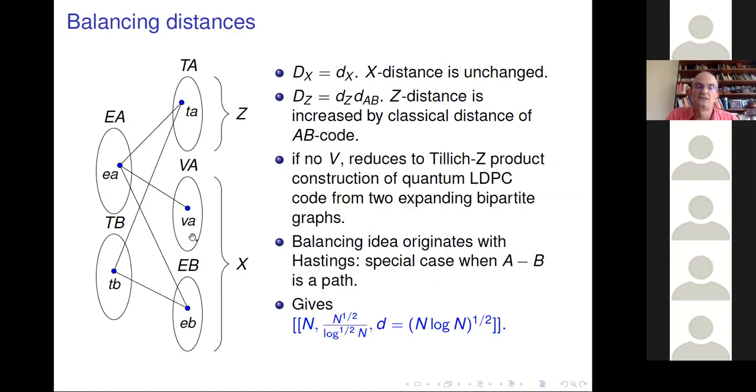And this product construction, if you're familiar with the product construction that we described with Tilings and that you mentioned in the introduction, if the original complex were really one-dimensional, in the sense if there were no V's, then this VA part would disappear, and what we would have is exactly the TZ hypergraph product construction, of which this is therefore a generalization.